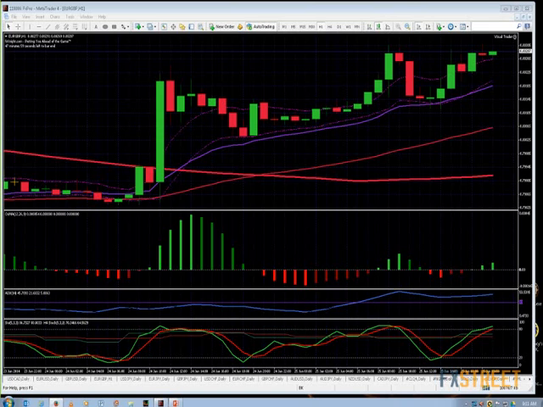My view is that it's the trader, not the indicators, not the system, not the robot that makes or loses the money. Okay, the tools are a means to an end. What we really focus on in here is how to improve the trader.